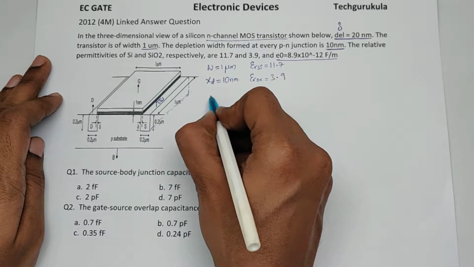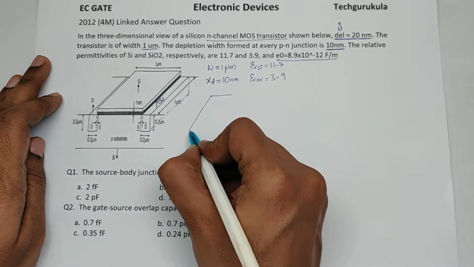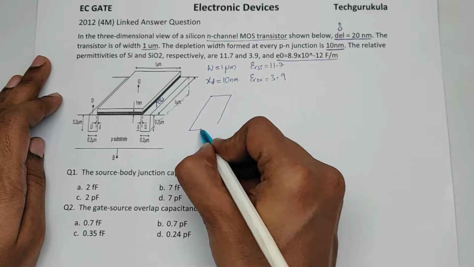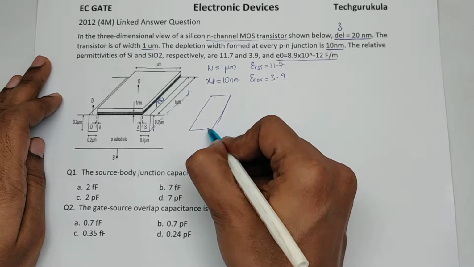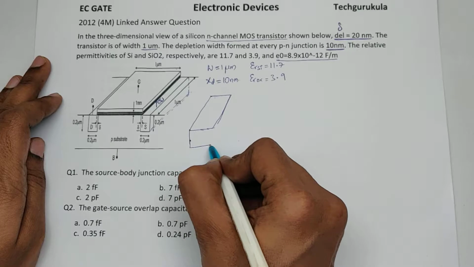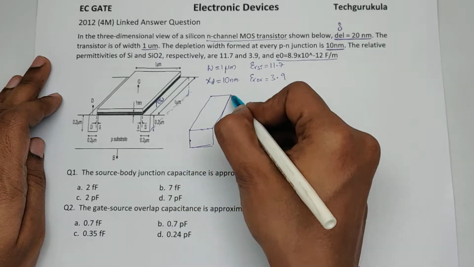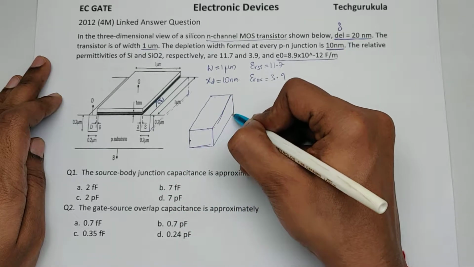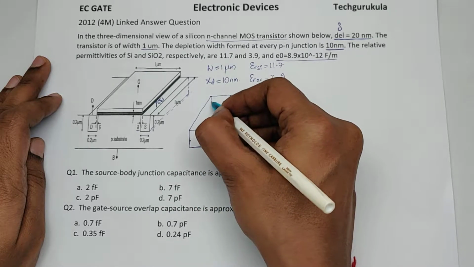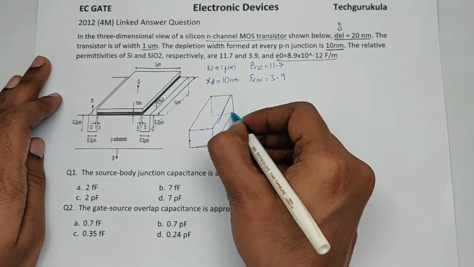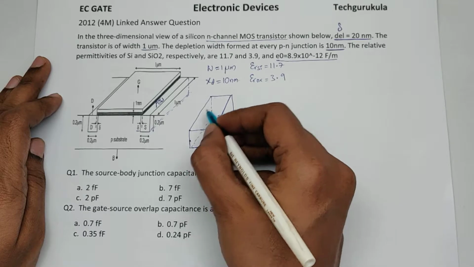So let's draw how it looks. So 3-dimensional point of view, the source would look something like this. So this is on the back side. This will be like a tub.